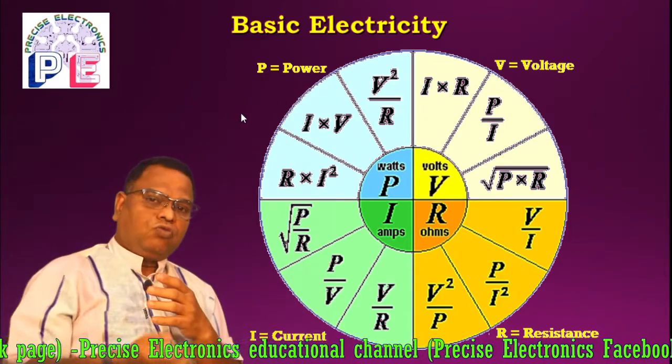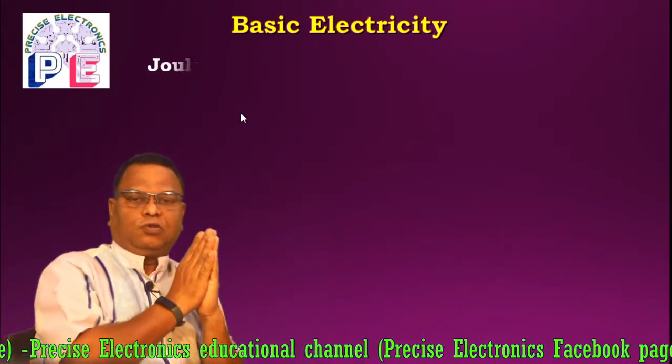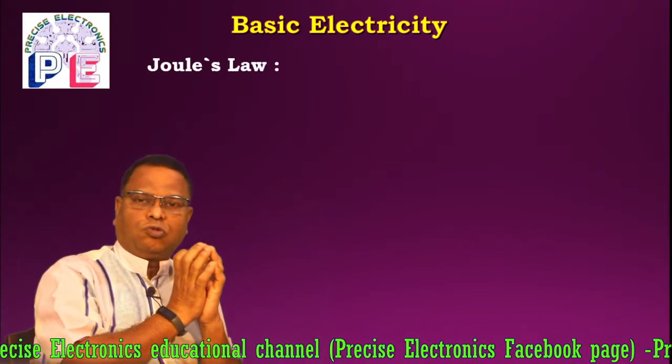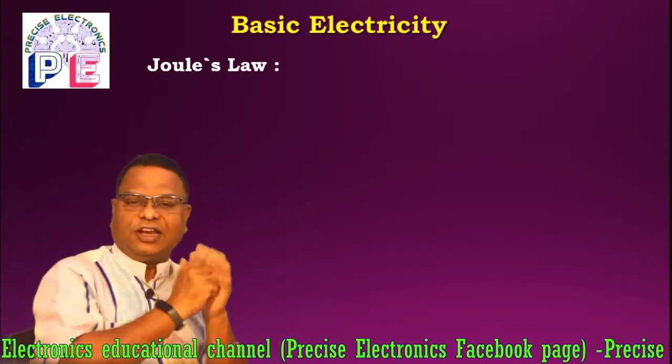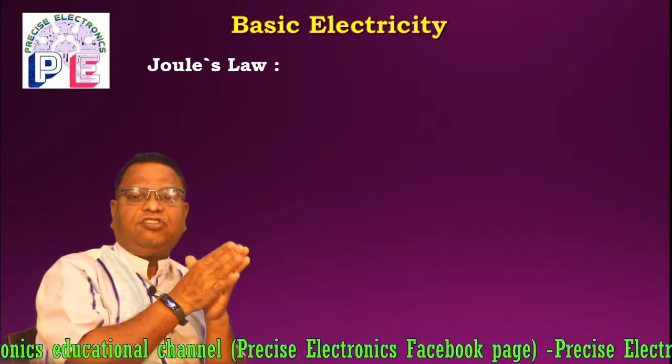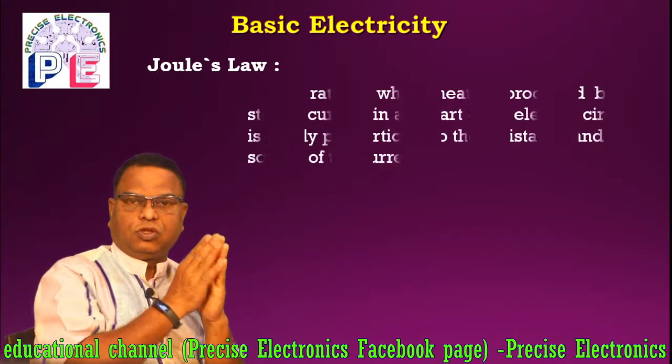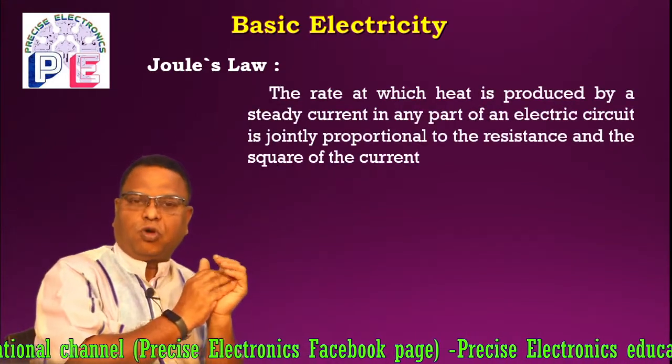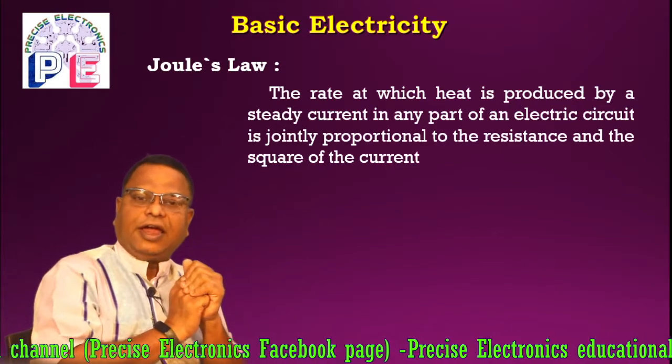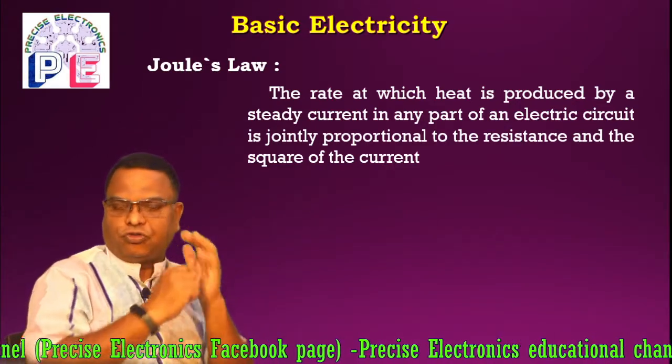Now we are moving toward Joule's law. What is Joule's law? Joule's law states that the rate at which heat is produced when current passes through the system, obviously, as the electrons flow, heat will be produced.